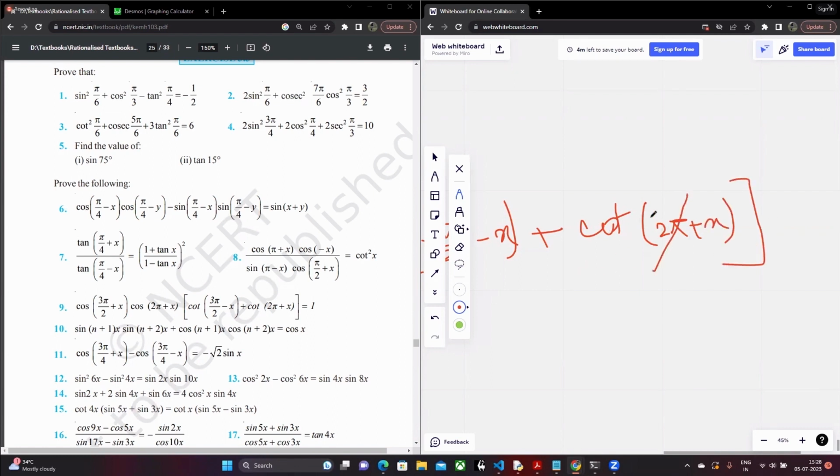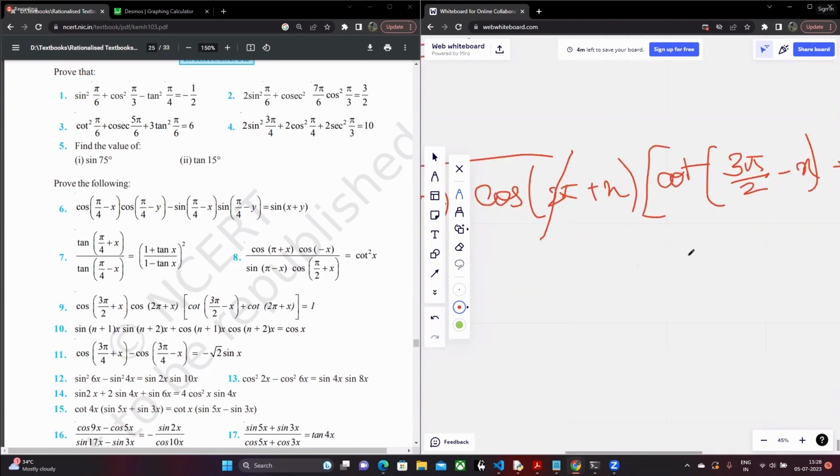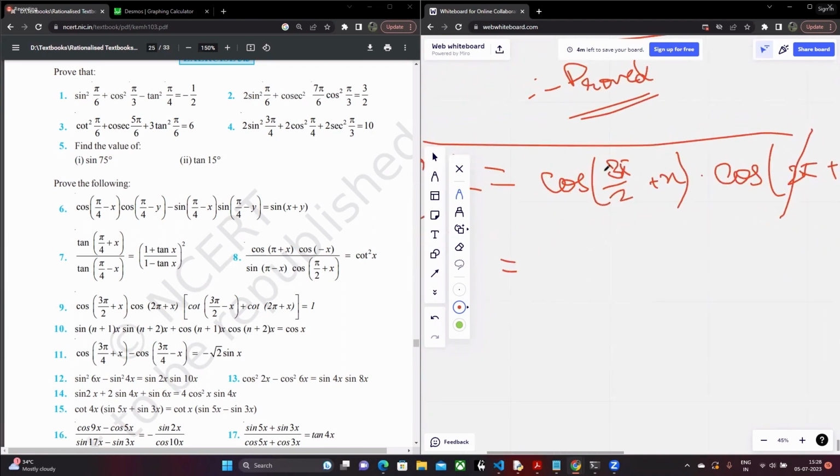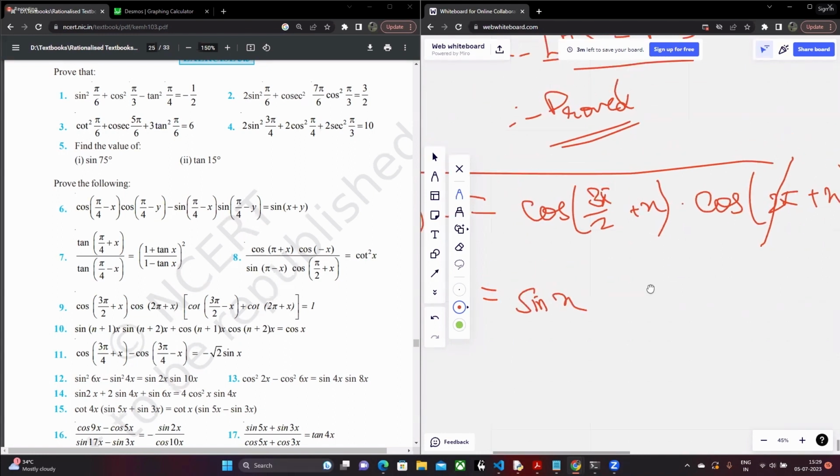Again, 2 pi, full revolution, so I can basically ignore it. This I'll rewrite as, since this is cos of 3 pi by 2 plus x, this is going to be positive in the fourth quadrant. So this is basically going to be sin x.